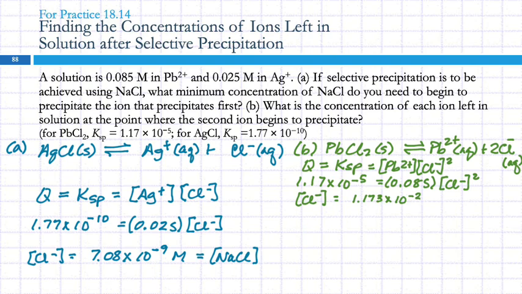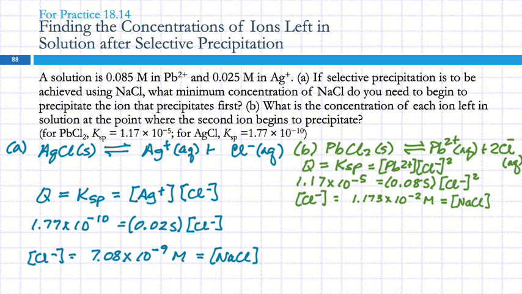So the point at which the lead would begin to precipitate is when the chloride ion concentration is 1.173 times 10 to the minus 2 molar. So that's going to be the sodium chloride concentration. At that point where we're just teetering on the edge of precipitating lead, what's the lead concentration?